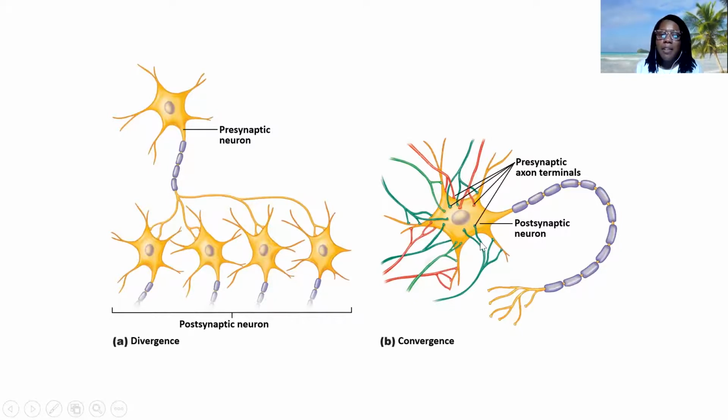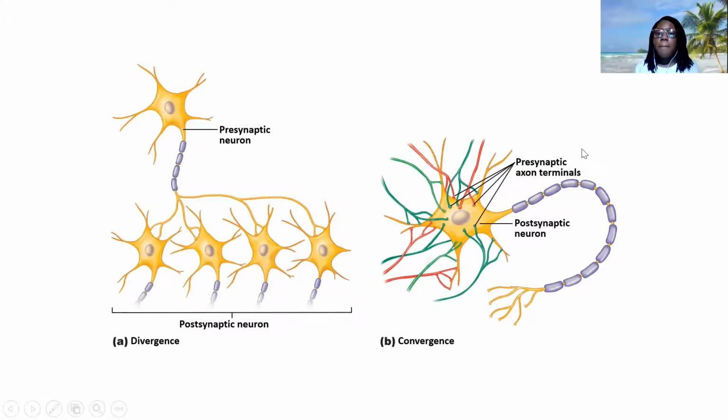So these types of events are also important in determining the degree of the signal. For example, in divergence, because we're splitting that signal off, we may have a slight watering down of the degree of the neurotransmitter that's released and the degree of the postsynaptic potentials on these various neurons. Whereas we can also think about the opposite happening with convergence.